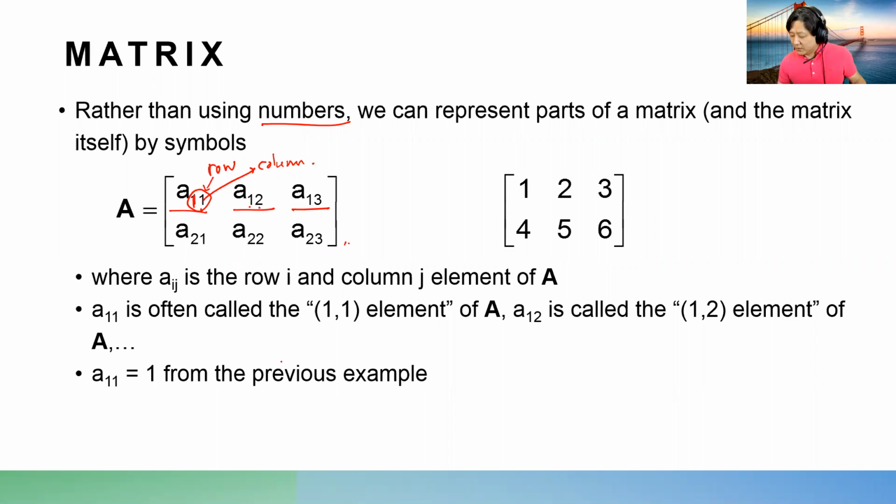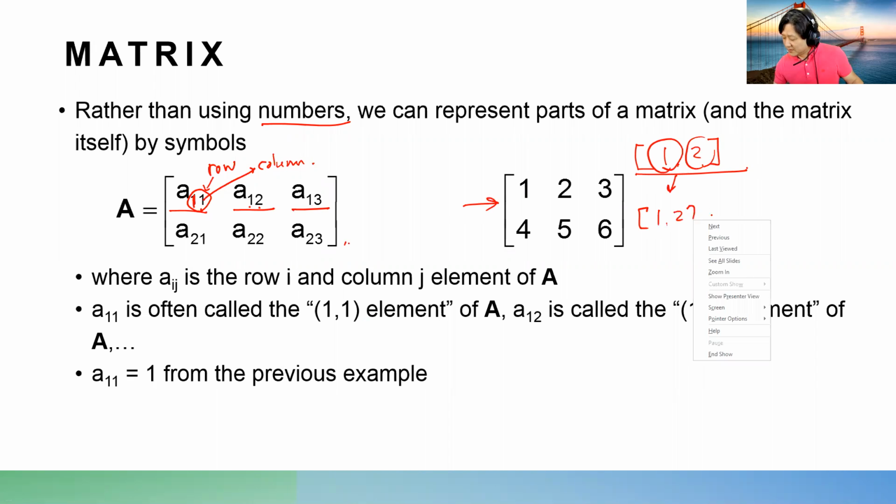So for example, we can see this one. The matrix, and then we can say this is 1, 2. This means first row and second column, right? 1, 2 is what? What is the answer?